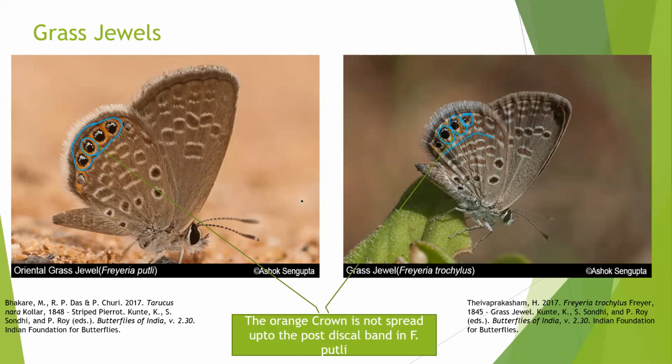That's how these two grass jewels are differentiated from one another. This oriental grass jewel is more common, found in the city limits and outside areas. Sometimes the other is found in the city limits also, but it is not very common. This one is more common, but so small that we often tend to ignore it.